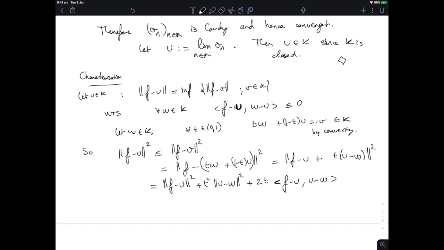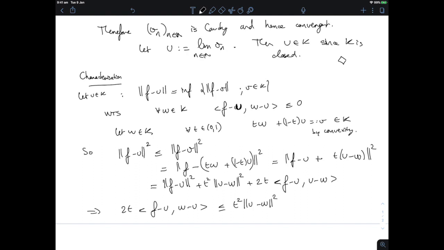So now if I reorganize this inequality, I get that 2t times the inner product of f minus u with w minus u has to be smaller than t squared times the norm of u minus w squared.